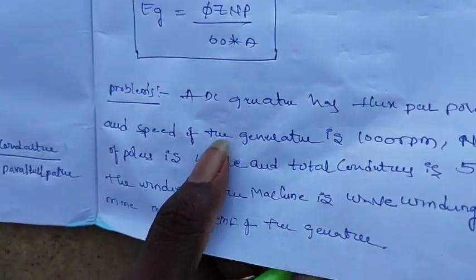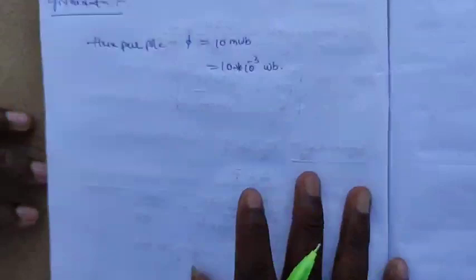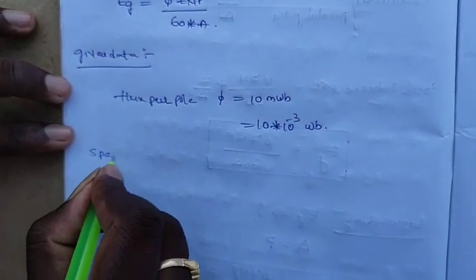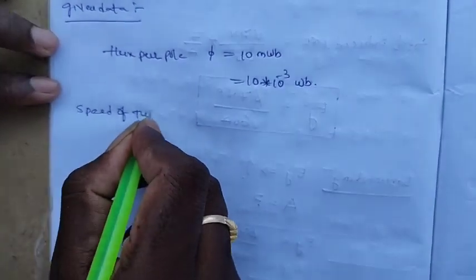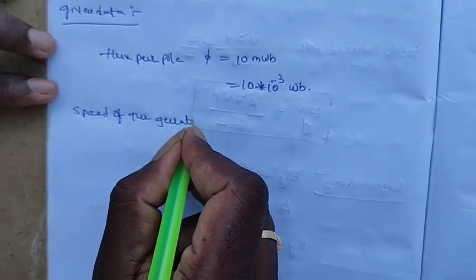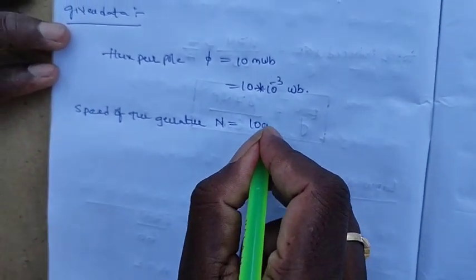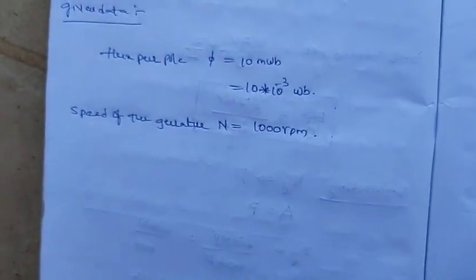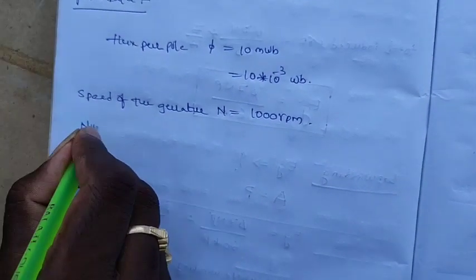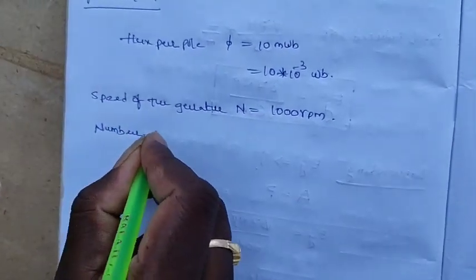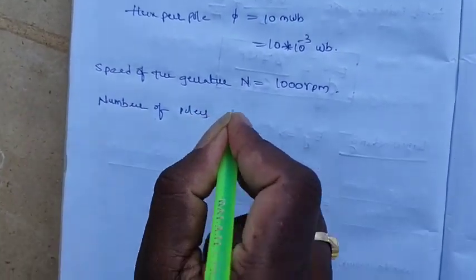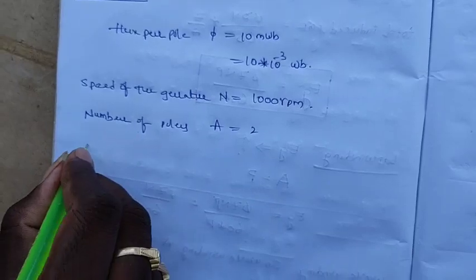After that, what is given? The speed of the generator, N, which is 1000 rpm. Next, the number of poles, P, which is 4.